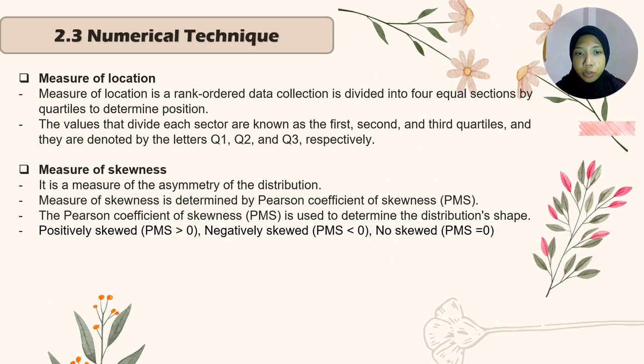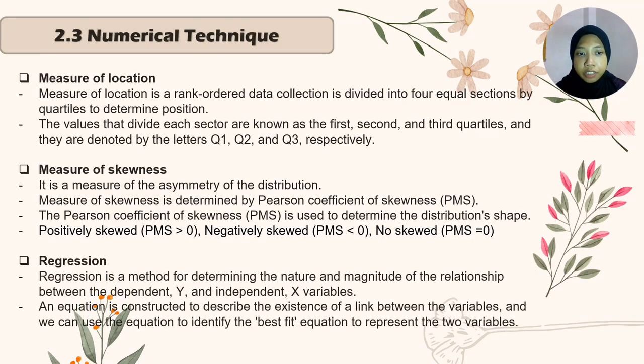The measure of skewness is determined by PMS, which is Pearson coefficient of skewness. When PMS is more than 0, we have a positive skew, which means the shape is to the right, and when it is less than 0 it is negatively skewed, which means the shape is to the left. And when PMS is equal to 0, it means no skew or normal.